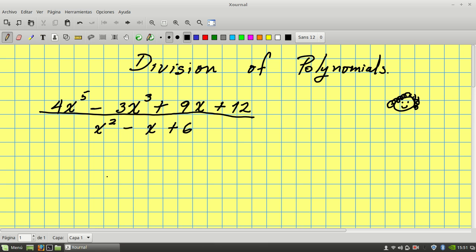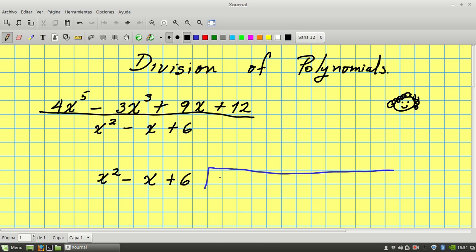So first we're going to use a long division, and to use long division, let me write the divisor and the dividend.